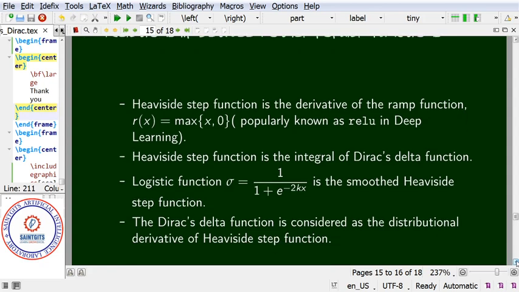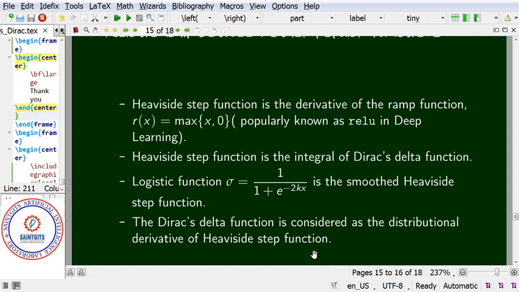Another interesting relationship between Dirac delta function and Heaviside function is that the Dirac delta function is considered as the distributional derivative of Heaviside step function. The distributional derivative is not in the sense of classical differentiation. Some special type of treatment we are applying in the case of distributional operations and distributional calculus.